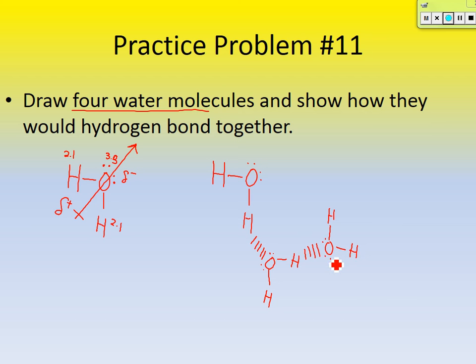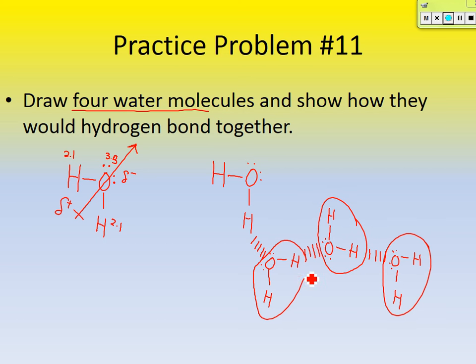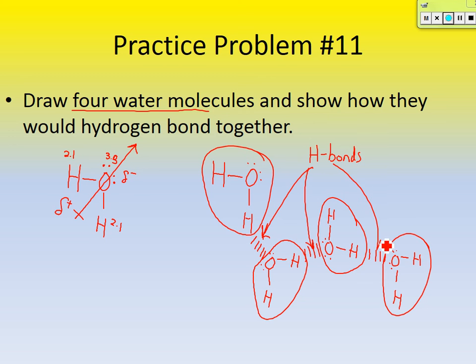And then you can take it wherever you want to go. I think I've got 1, 2, 3, and 4. Okay? And I want you to label the hydrogen bonds here. So there's one there. This would be a hydrogen bond, and this would be a hydrogen bond.